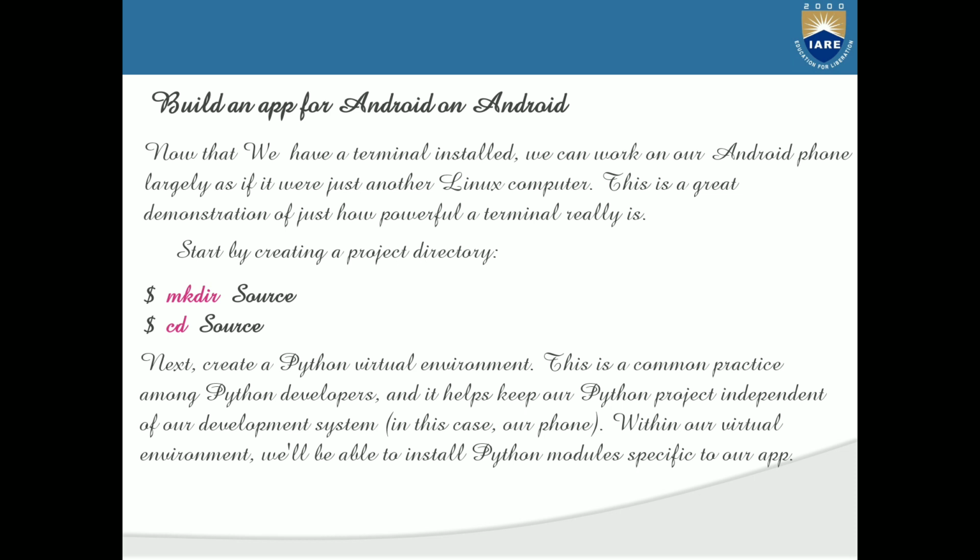Next, create a Python virtual environment. This is a common practice among Python developers, and it helps keep your Python project independent of your development system, in this case our phone. Within our virtual environment, we will be able to install Python modules specific to our app.